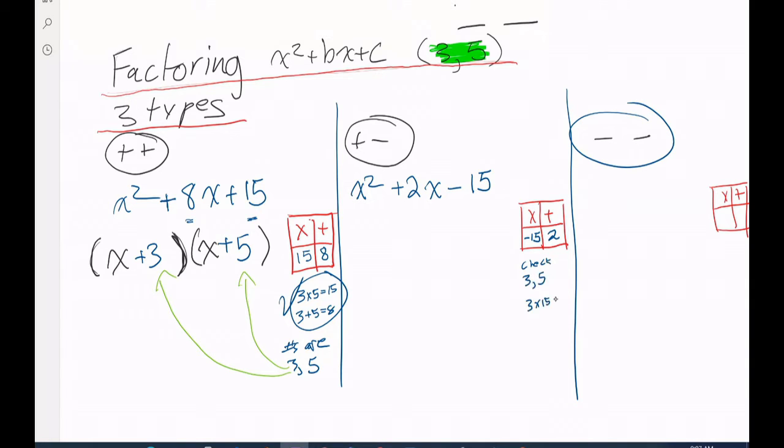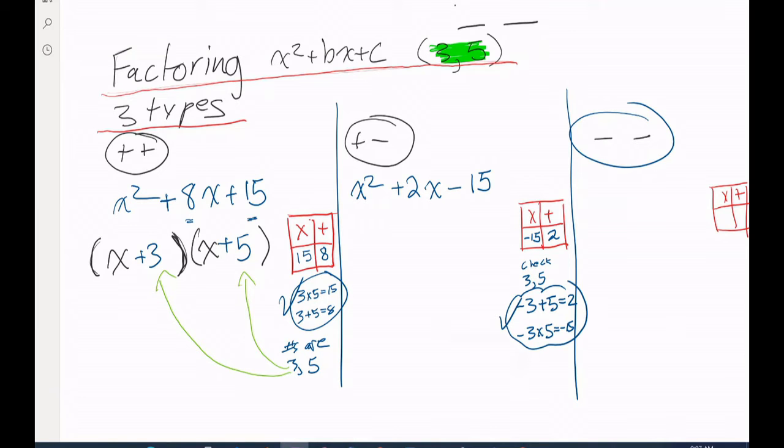3 times 5 is 15, but it's not negative 15. So that means I have to go back and I have to choose one of these numbers to be negative. In order to ensure that I have a number that is positive, I'm going to have to choose the 3 to be negative. So in this case, I'm going to have negative 3 plus 5, which will give me 2, but then negative 3 times 5 also gives me negative 15, which is what we wanted.